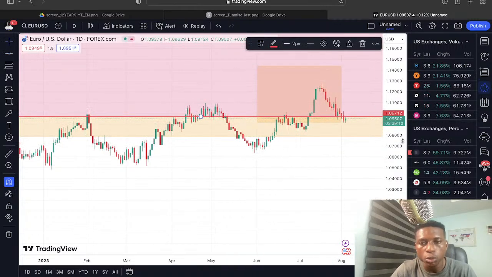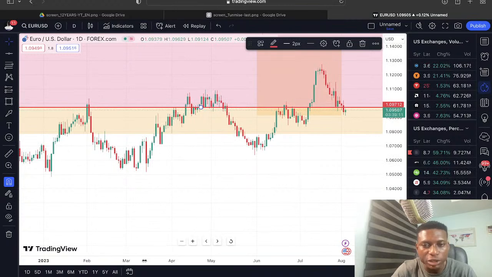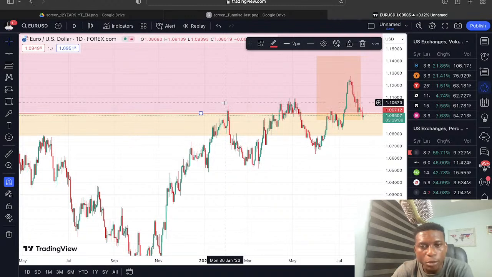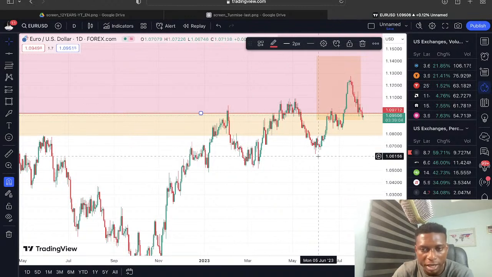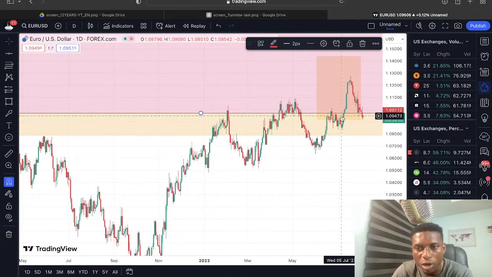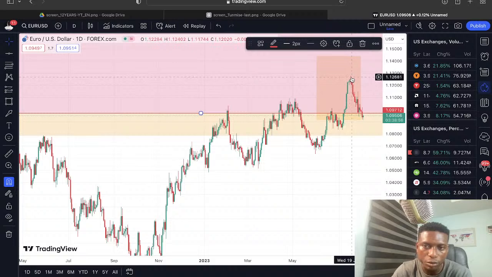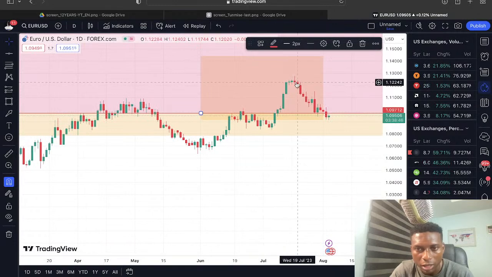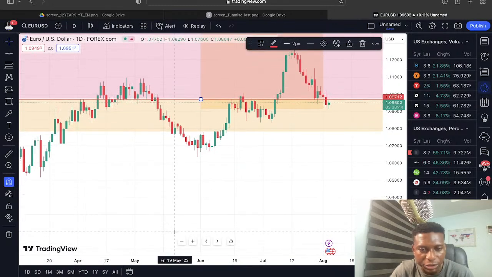Okay, so we see that price came up here, came back, came up here, came back, came up here, and broke out of this level. When price finally broke out of this level, price met the rejection. You can see the rejection represented here.